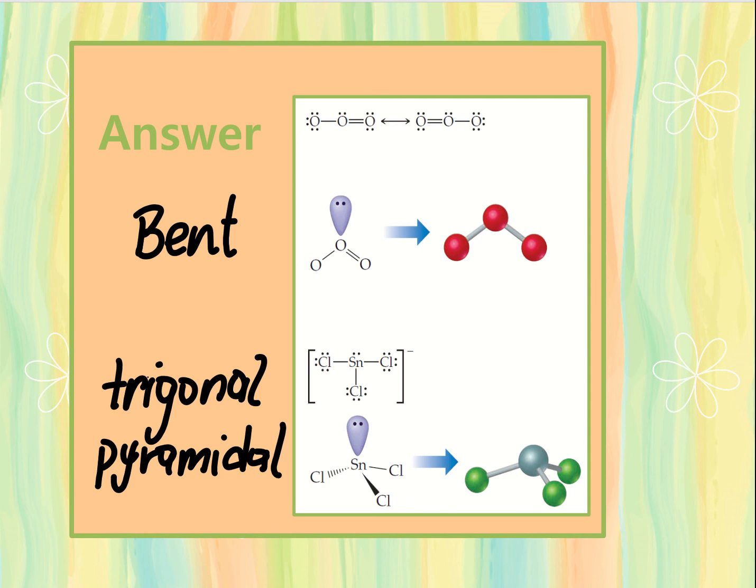So that is why that is bent. For the tin chloride, we also have one non-bonding pair, but we have 3 bonding domains attached to the central atom. And so we have trigonal pyramidal, as we have seen.